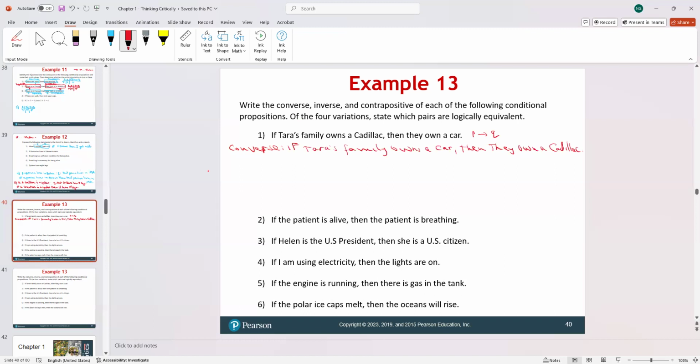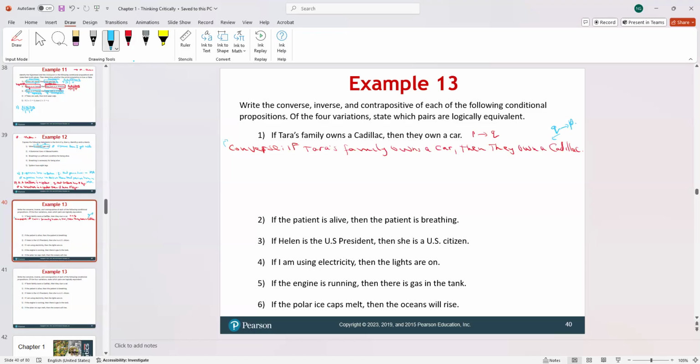But not all vehicles are Cadillacs. But anyway, know that for this example, that means we have Q to P, right? So that's the converse.